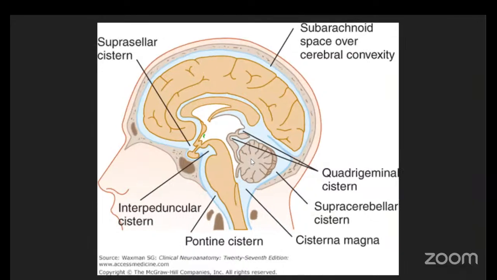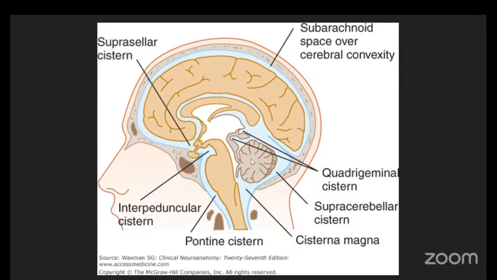Now let me try drawing it here. This here is the recess of the third ventricle. If a lesion ends up growing big enough that it's compressing the third ventricle slightly posteriorly, then which grade would it be? B. Okay.